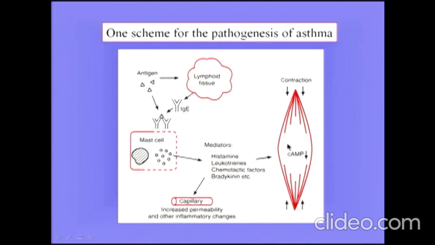And in addition, they will affect the airway smooth muscle by reducing the concentration of adenyl cyclase, reducing the concentration of cyclic AMP, and that leads to contraction of airway smooth muscle.